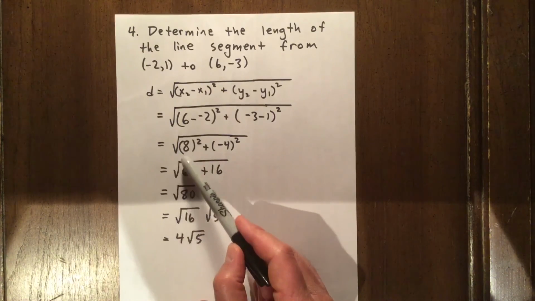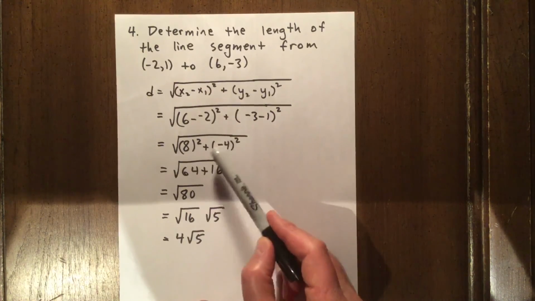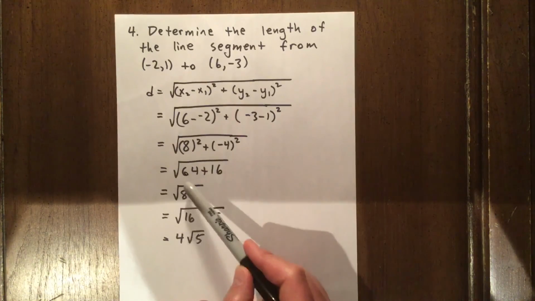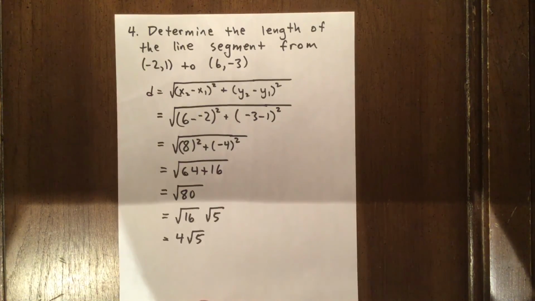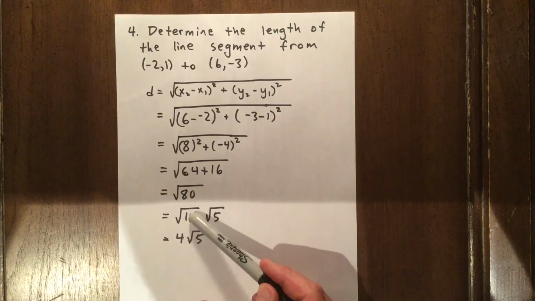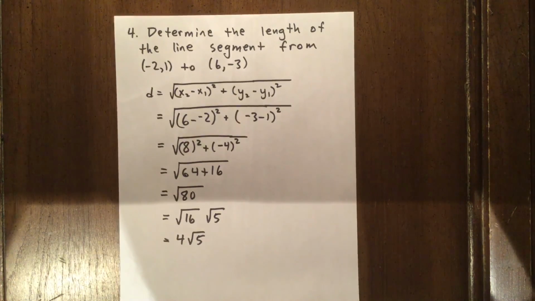This 6 minus negative 2 is 8, negative 3 minus 1 is negative 4. I'm squaring the 8 and I'm squaring the negative 4, which gives me 64 plus 16, which is all under the square root, which is root 80. That simplifies to root 16 root 5, and root 16 is the same as 4. So we get 4 root 5 as the length of that line segment.